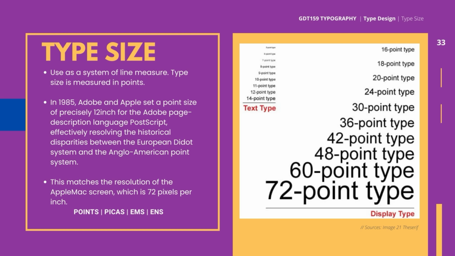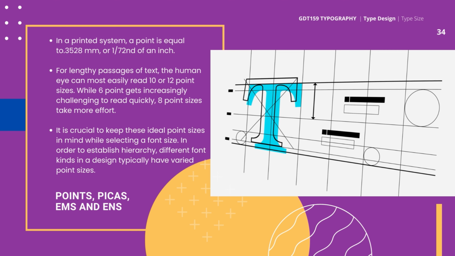In 1985, Adobe and Apple set a point size of precisely 1/72 inch for the Adobe page description language PostScript, effectively resolving the historical disparities between the European Didot system and the Anglo-American point system. This matches the resolution of the Apple Mac screen, which is 72 pixels per inch.